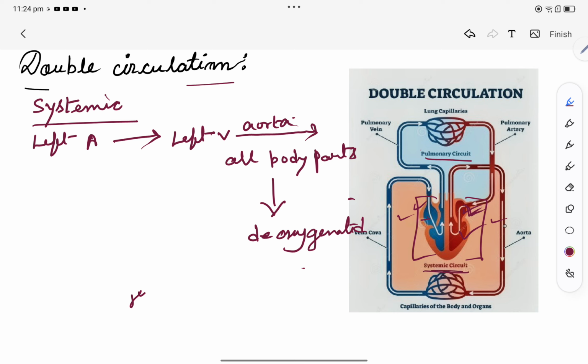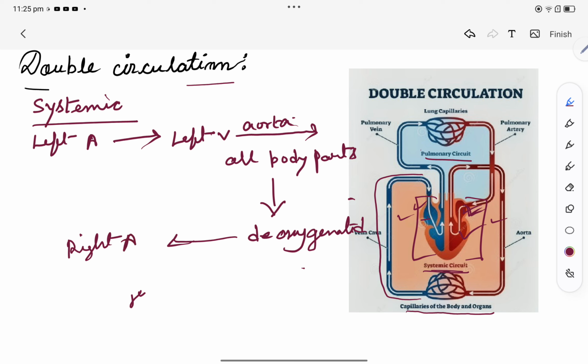So this deoxygenated blood, see here written, capillaries of the body and organs. The oxygen is used all over our body and the blood is getting deoxygenated. Again it will enter the right atrium. So now this deoxygenated blood will enter the right atrium.